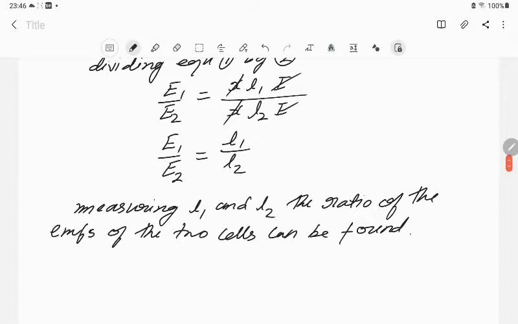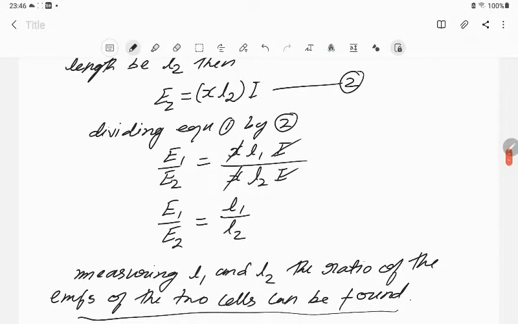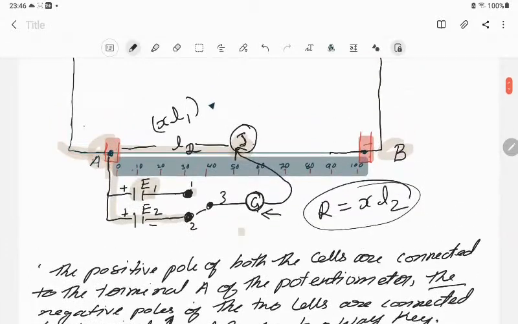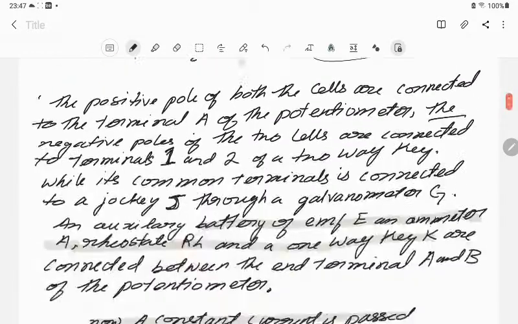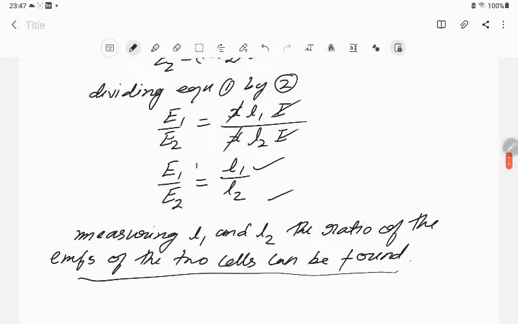Now by measuring L1 and L2, the ratio of EMF of the two cells can be found. We can easily measure because here we have a scale, but we don't know the EMF E1 and E2. If we know L1 and L2, we can easily find the ratio of E1 and E2.